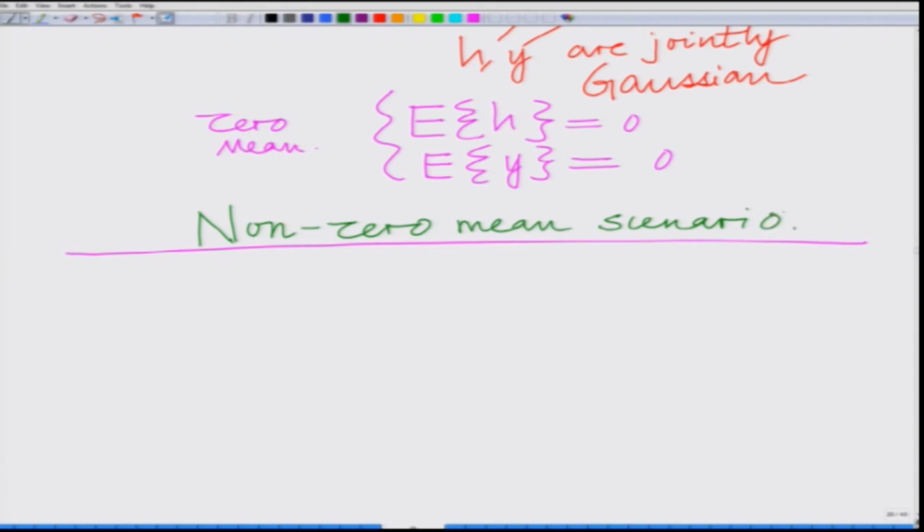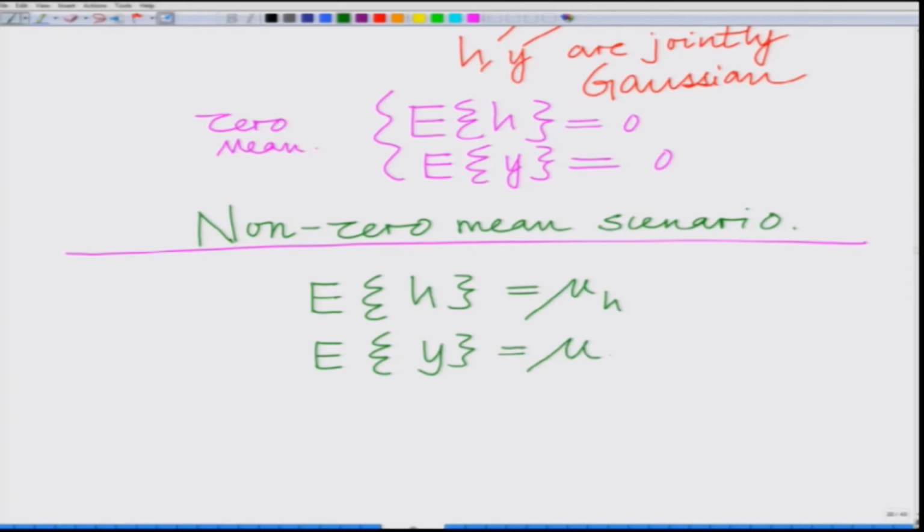Let expected value of the parameter h be equal to mu h, and also let expected value of the observation y be mu y. So, we are basically now considering non-zero mean random variables, so they have means which are not 0.